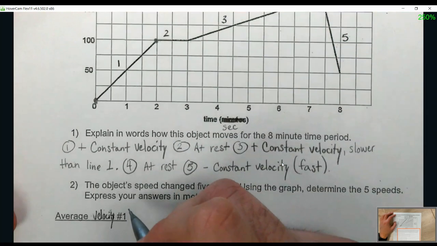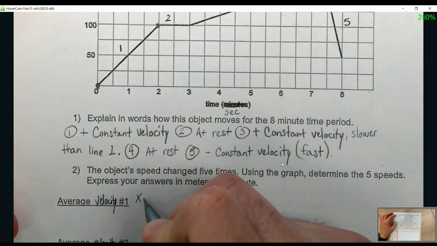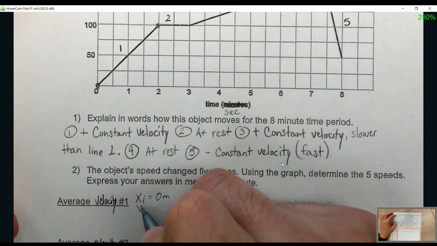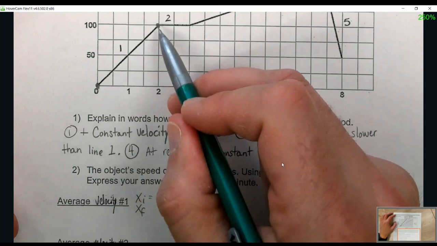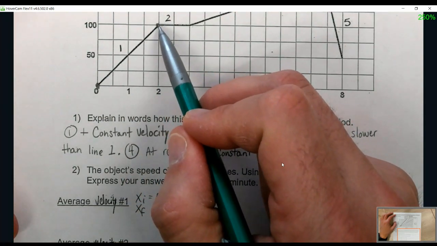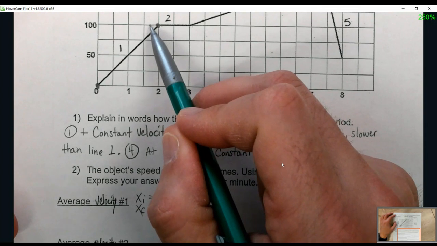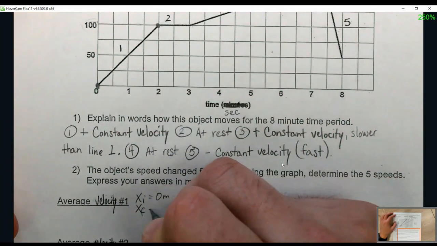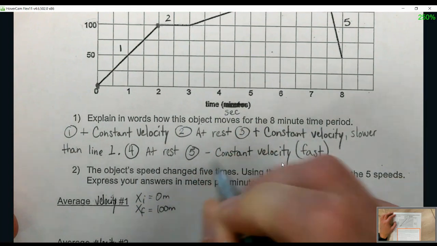So for number 1, your xi, your initial position, is 0 meters. Your xf, where you are at the end of line segment 1, how do you figure that out again? You go to that end part of the line, and then go to the left until you hit where you are on the y-axis. So we're at 100 meters. Isn't that 50 meters per second?